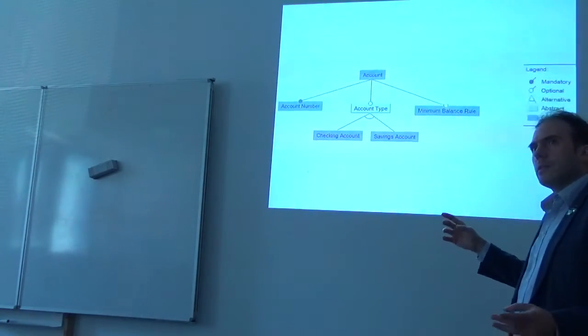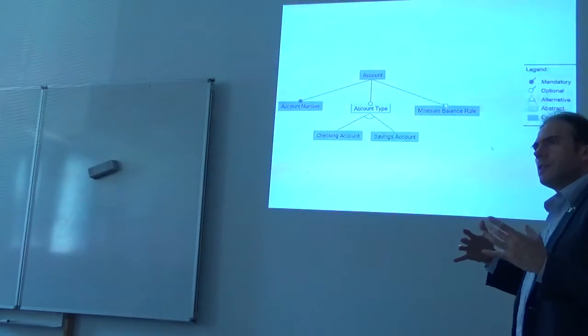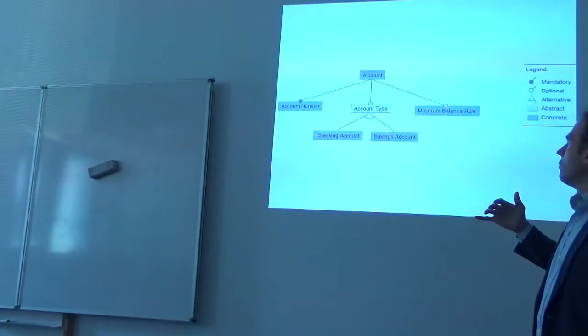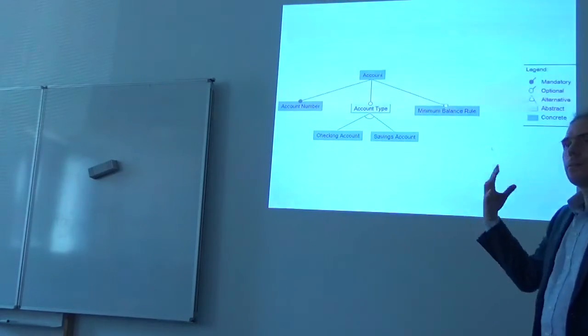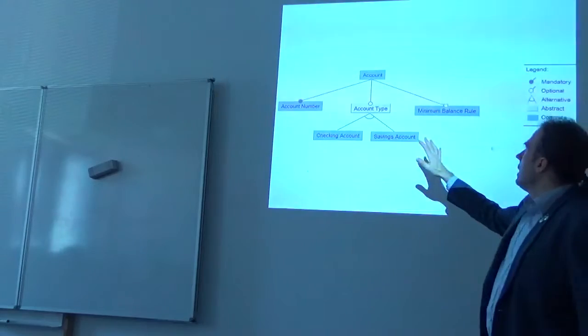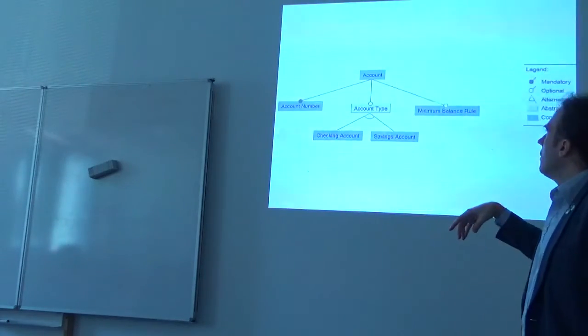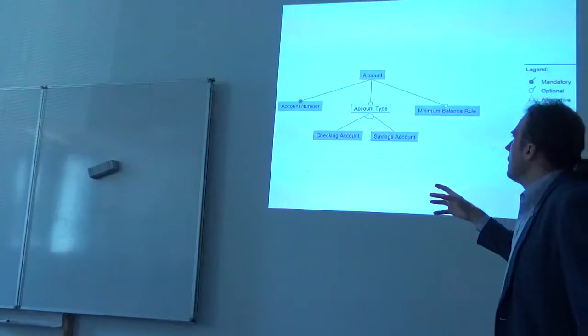But some things are elaborated, and you come eventually to the point that there are different possibilities how to put things together. So this is a feature diagram of an account in a banking system.